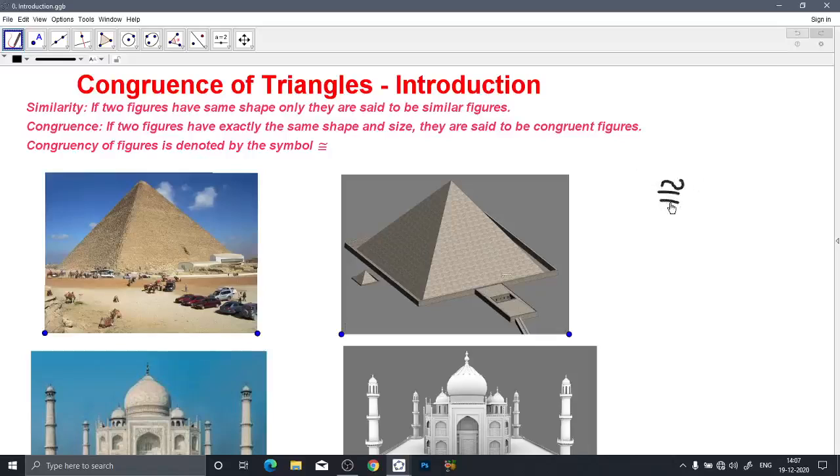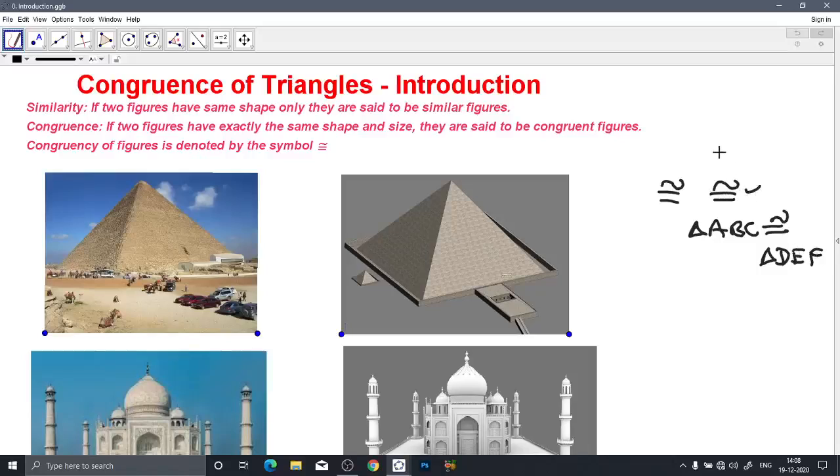On the upper side of the equality symbol, you have to write a tilde symbol like this. This is called congruent to. So if two figures are the same, we can write, for example, triangle ABC is congruent to triangle DEF. Like that we will write. This is the symbol for congruence.